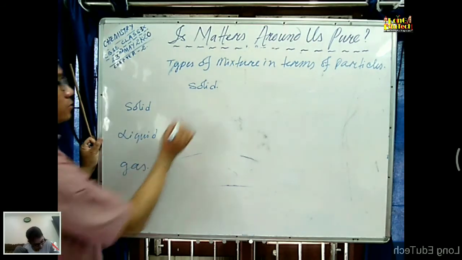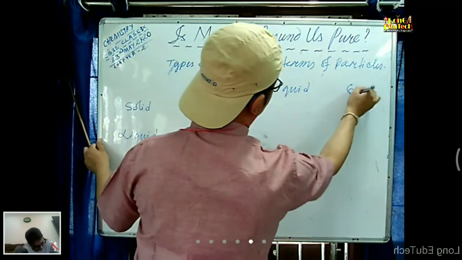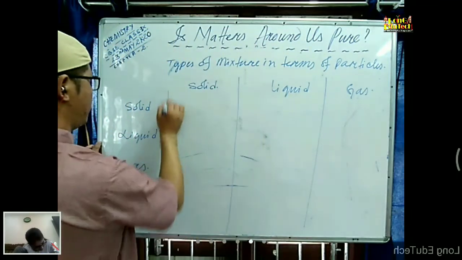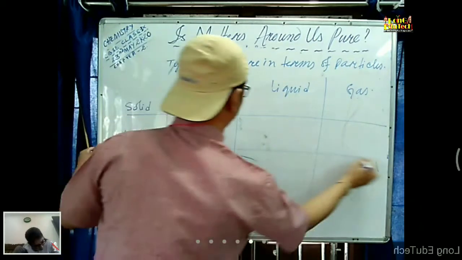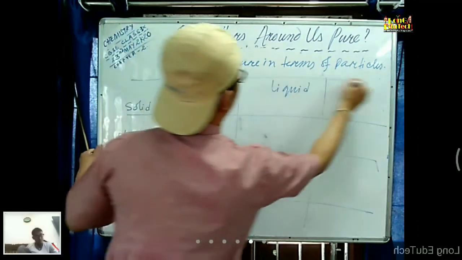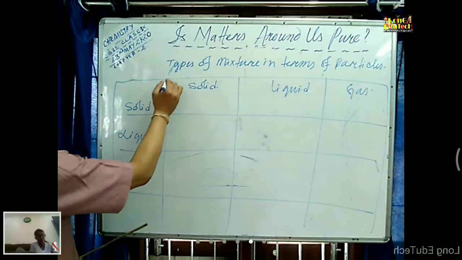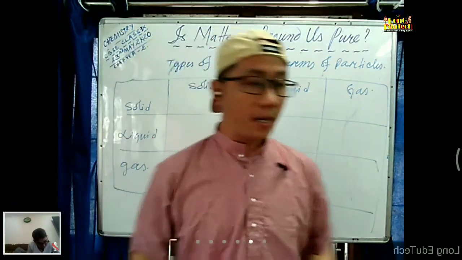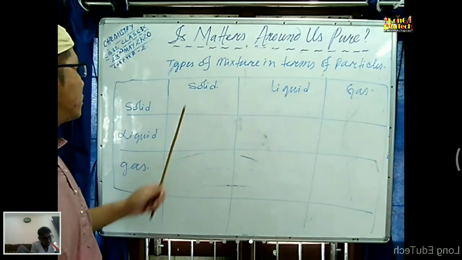Solid, liquid, and gas. So you can make a table, and here we can learn along. These are just examples only we can learn. So what we can learn? Solids.